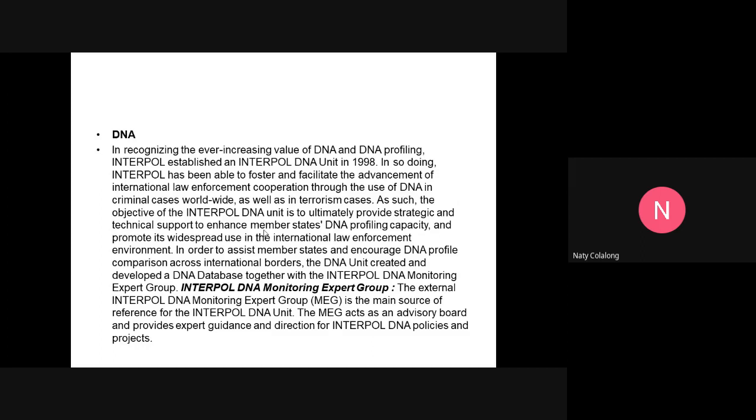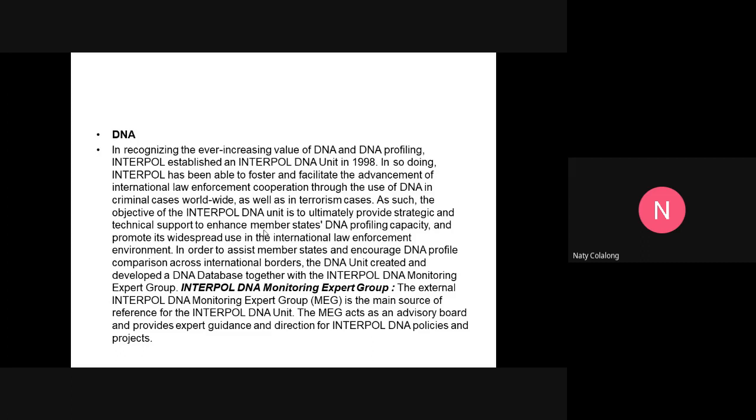Then we have the DNA. So, in recognizing the ever-increasing value of DNA and DNA profiling, Interpol established an Interpol DNA unit in 1998. In so doing, Interpol has been able to foster and facilitate the advancement of international law enforcement cooperation through the use of DNA in criminal cases worldwide, as well as in terrorism cases.